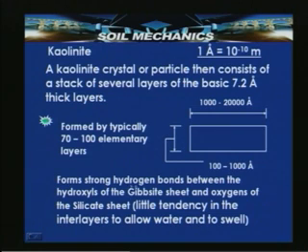There are strong hydrogen bonds between the hydroxyls of the gibbsite sheet and the oxygens of the silicate sheet. Because of this nature of bonding, there is little tendency in the interlayers to allow water and to swell. So, kaolinite has less affinity for water.